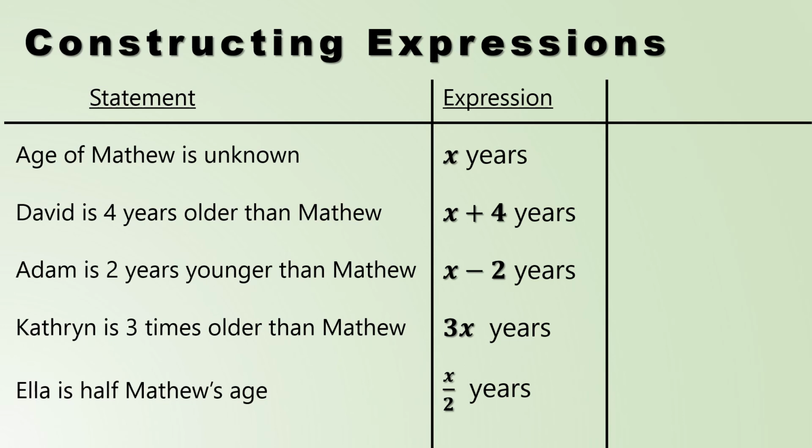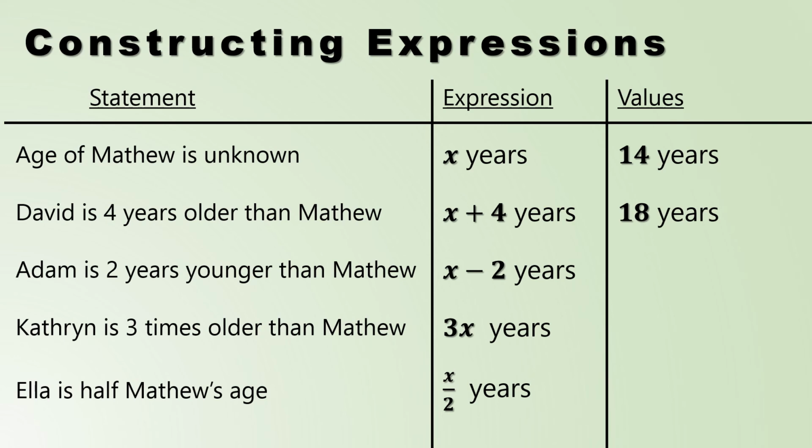Now, by some means, we got to know that the age of Matthew is 14 years. So, if we know the value of the variable by some calculation or some available data, then all these expressions can be evaluated. We can get the age of David as 14 plus 4, that is 18 years.